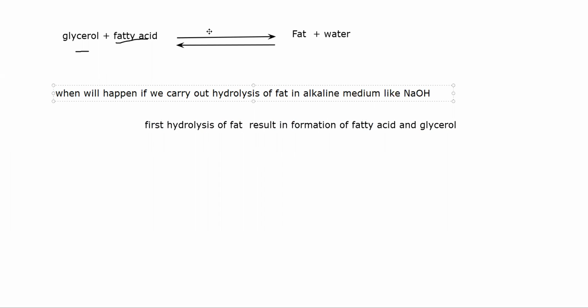Because fatty acid is an acid or a carboxylic acid, the fatty acid will react with alkali to form a soap. So this is how a soap is manufactured or prepared.